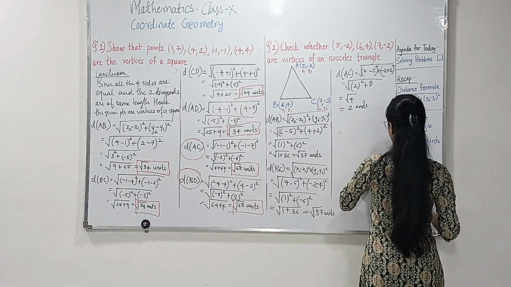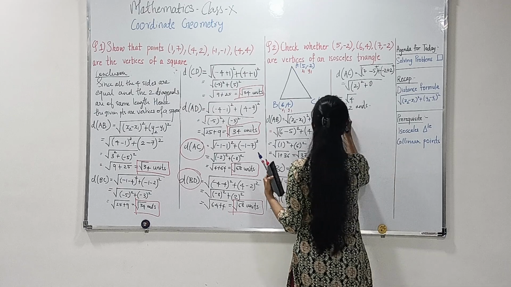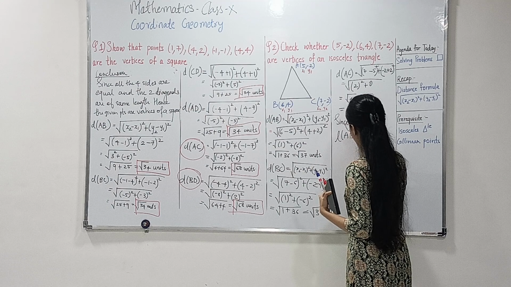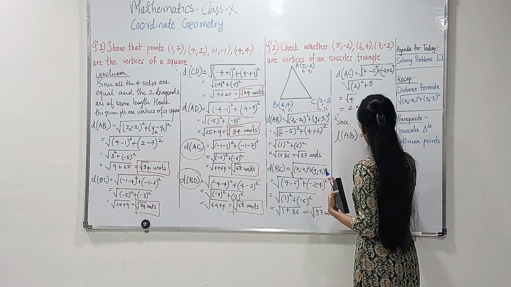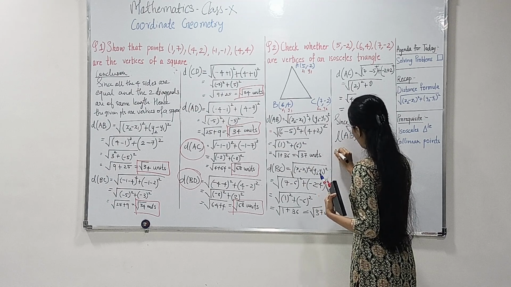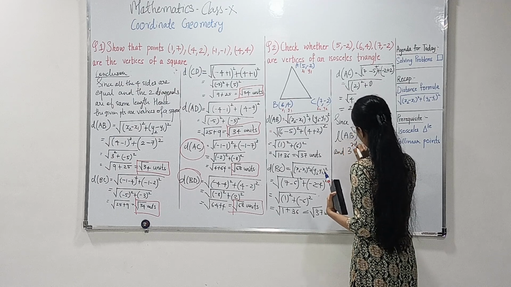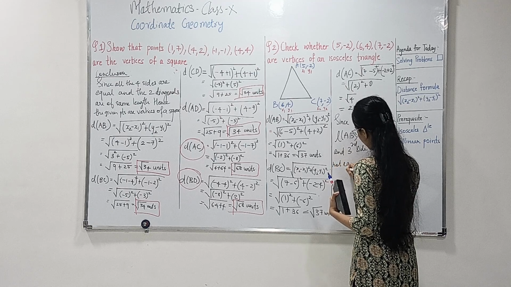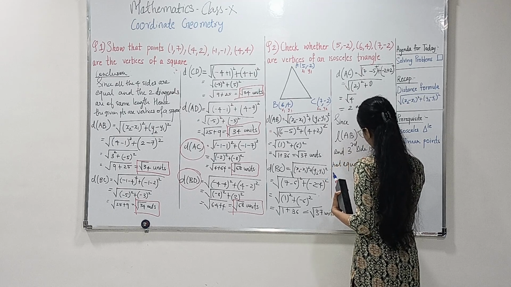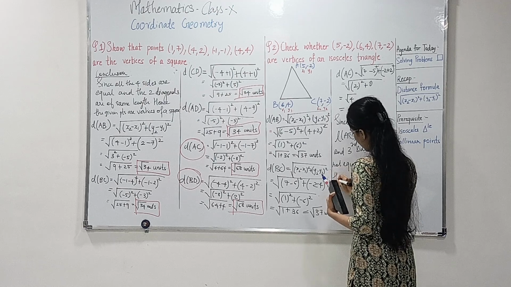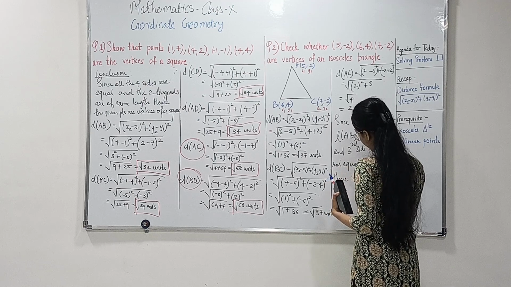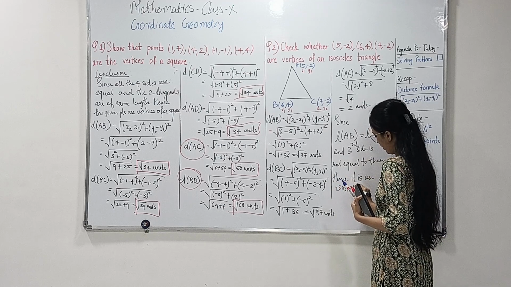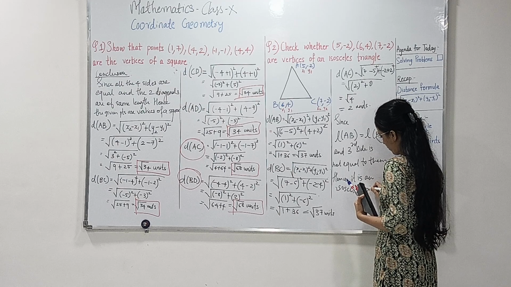You're going to say that since length AB equals length BC and the third side is not equal to them, hence it is an isosceles triangle.